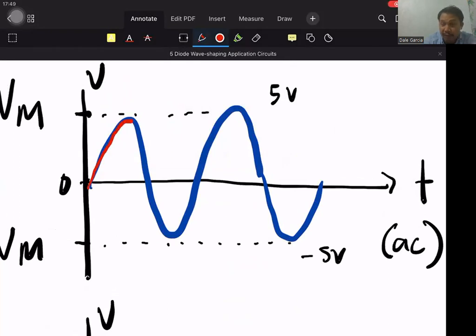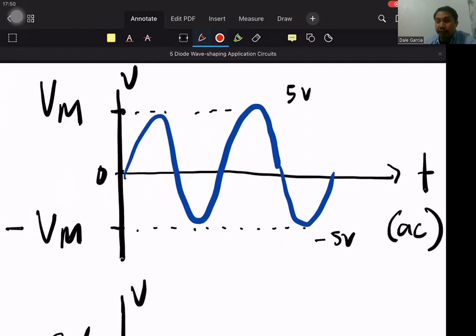It reaches 5, then goes back down: 5, 4, 3, 2, 1, 0.9, 0.8, down to 0. And then negative: negative 0.1, negative 0.2, negative 1 volt, negative 2, negative 3, negative 4, negative 5, and so on. That's how sine waves work.